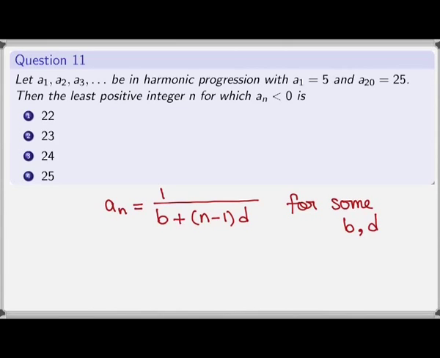Now note that a1 is equal to 1 by b. As a1 is given to be 5, therefore we get b is equal to 1 by 5.